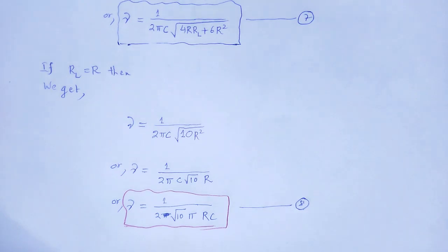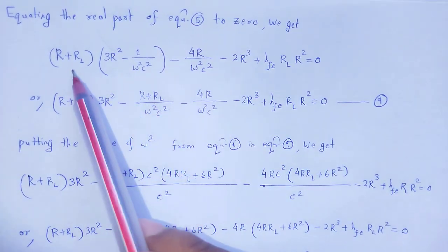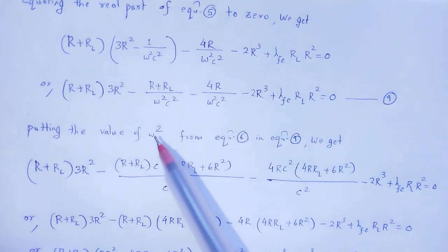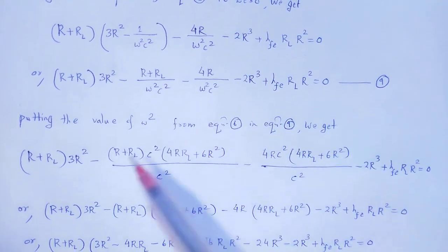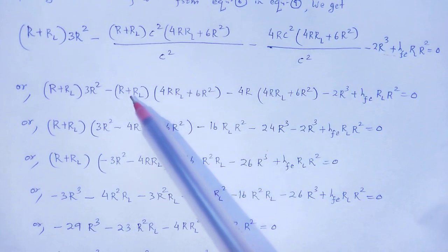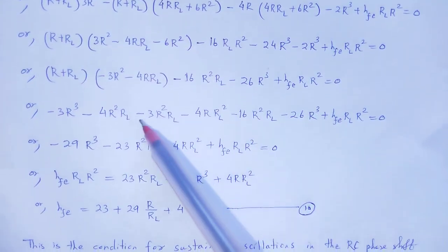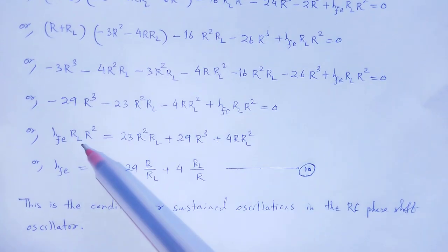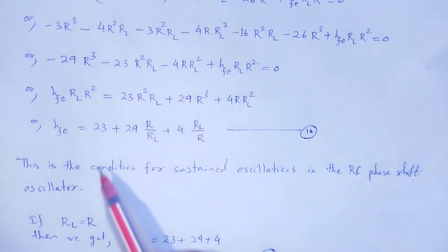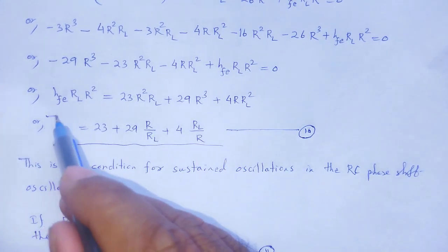Next, we can equate the real parts. Equating the real parts, we have that equation, then putting omega square here and simplifying it, we have hFE, the forward current gain.